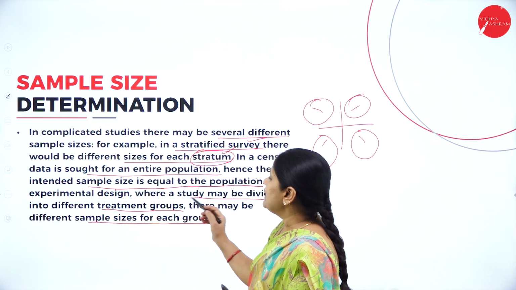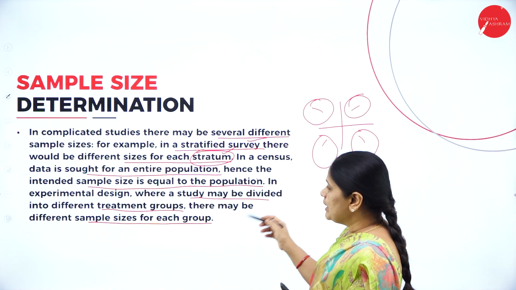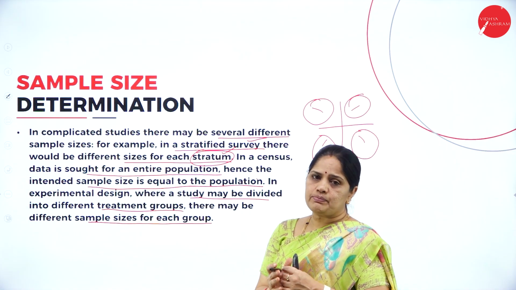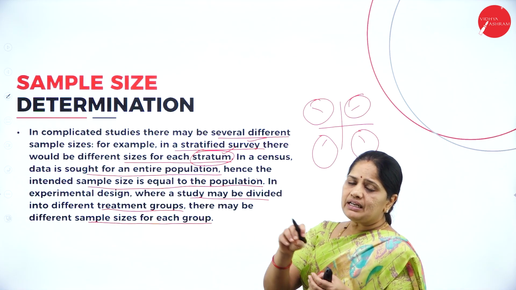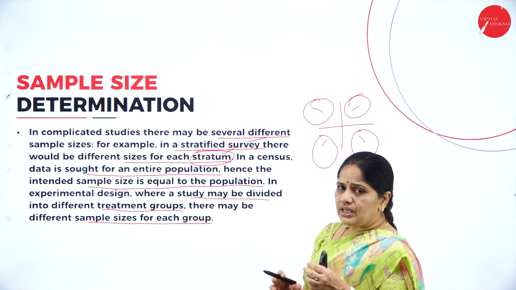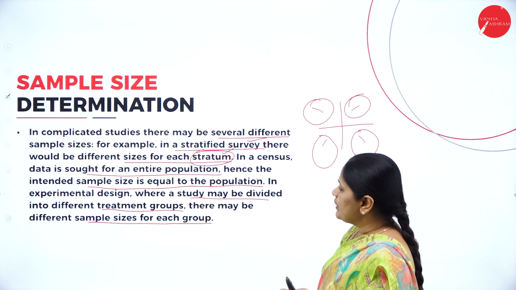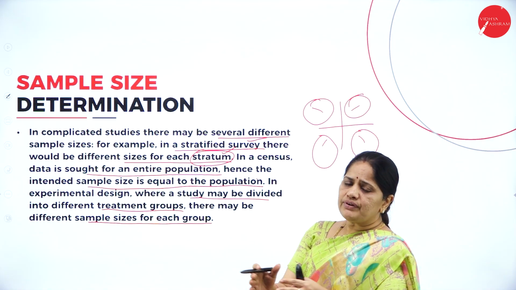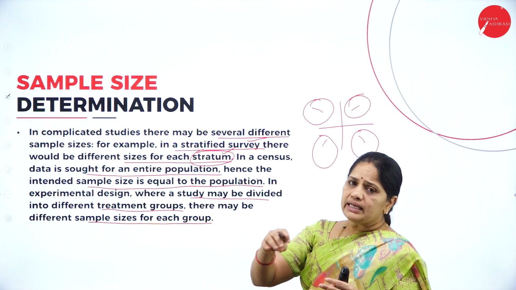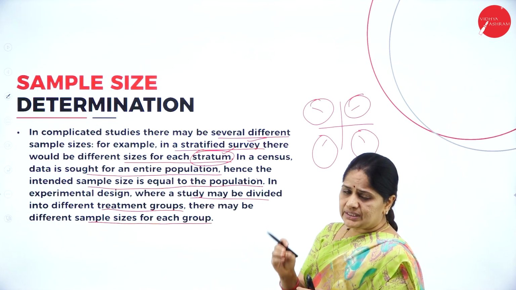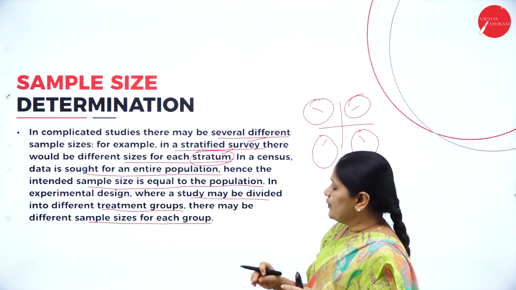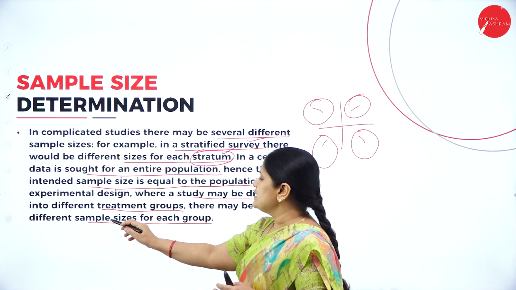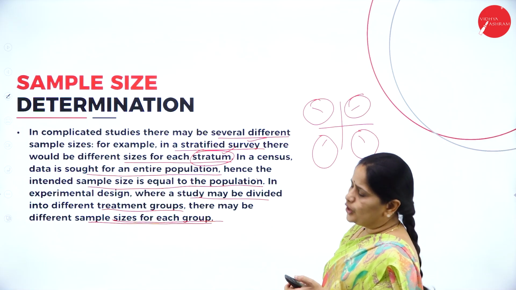And in experimental design, where a study may be divided into groups, in case of an experiment you will be experimenting with various chemicals, and for that you will need different sample sizes for each group. You have different samples, and on each sample you experiment with the chemical. So, for each group there will be different sample sizes.